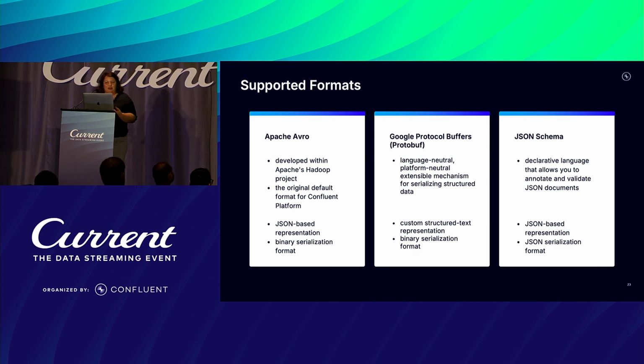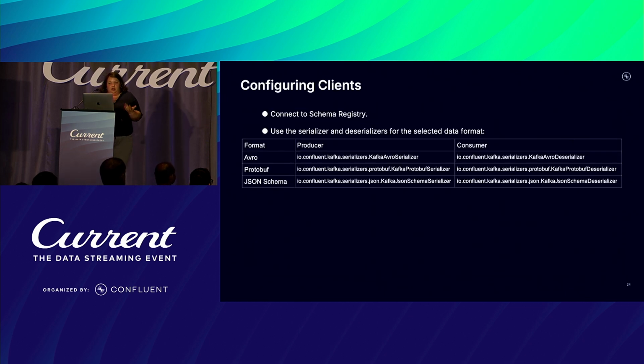So that's great, right? But what do I need to use? What do I need to do to use them in my Kafka clients? So the first thing I need to do is connect my clients to Schema Registry. That means that I need at least a Schema Registry URL and perhaps also authentication to the Schema Registry. The schemas from the Schema Registry will be used in data serialization, and a schema defines the format of the serialized data and is used to validate the data as it is being deserialized by the clients.